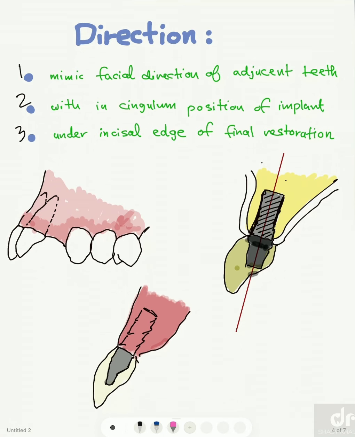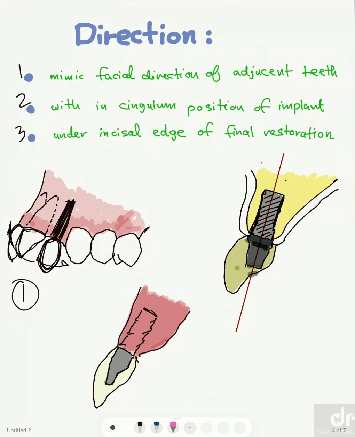It means that when we put the implant, the facial profile of the final prosthesis will look like the adjacent teeth. We can put the implant and estimate that the direction of the crown will be like the adjacent teeth.